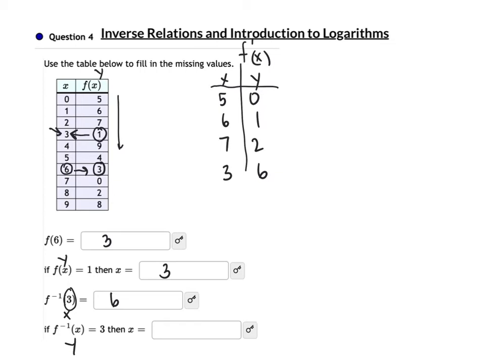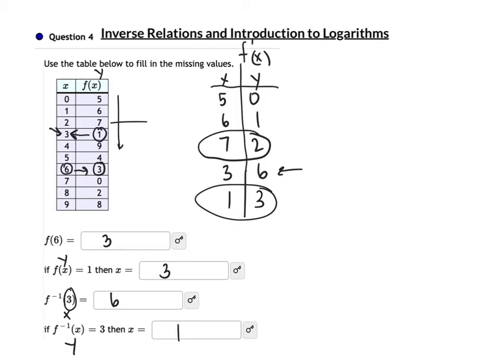I didn't copy that down far down in the table. 7, 2, that was from right there. The next one would have been 1, 3, because I skipped down to create that one. So when y is 3 in the inverse equation, we know that x would be right here, 1.